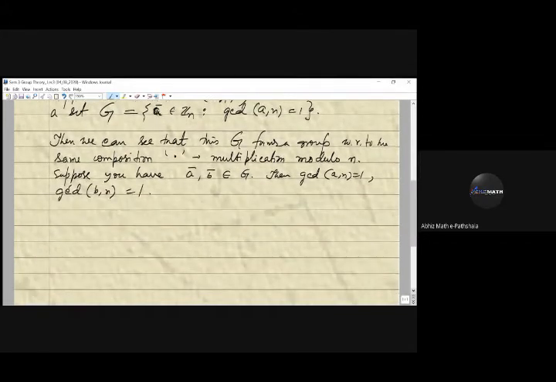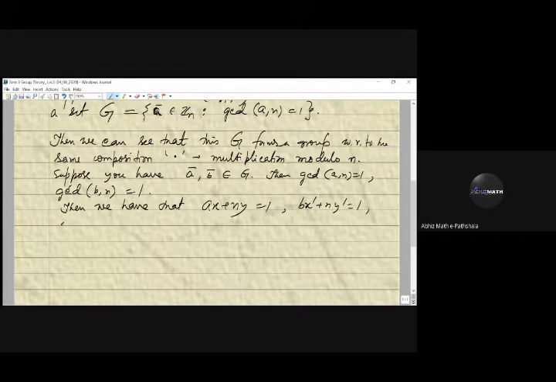And therefore we have that ax plus ny equal to 1 and bx dash plus ny dash equal to 1 for some integers x, y, x dash, y dash belongs to Z, right?